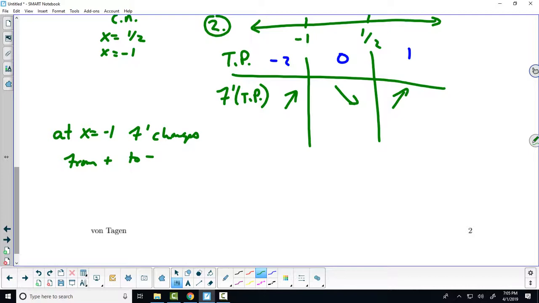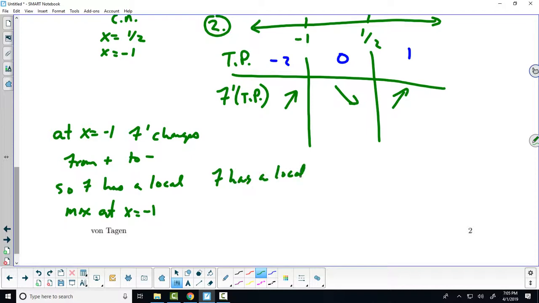For the original function f, right? So f has a local max, as Kevin said, at x equals -1. Okay. Similarly, f has a local min at x equals 1/2.